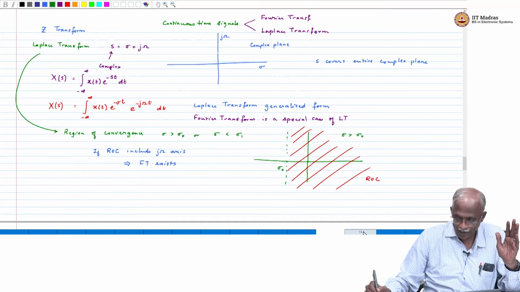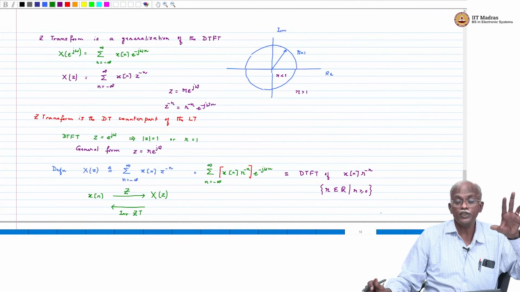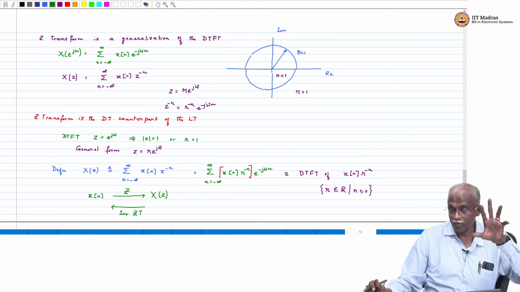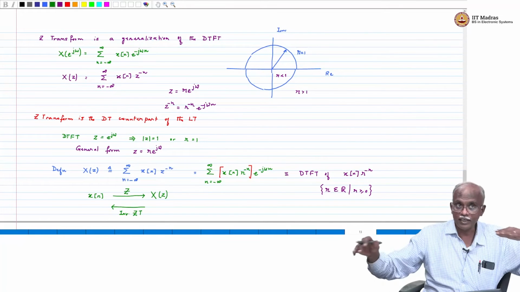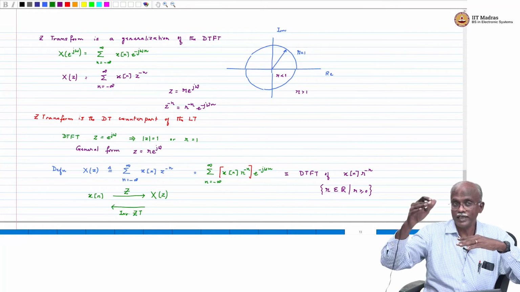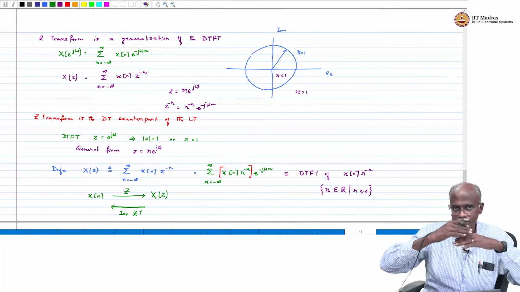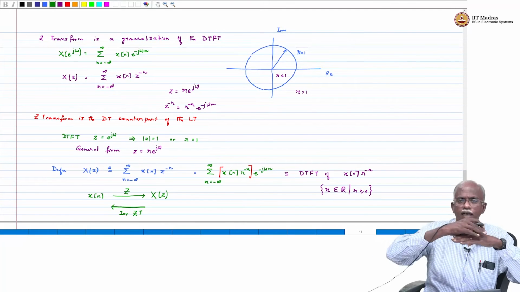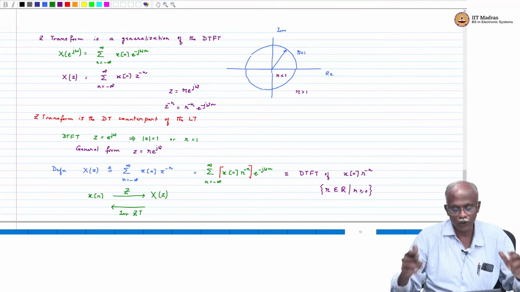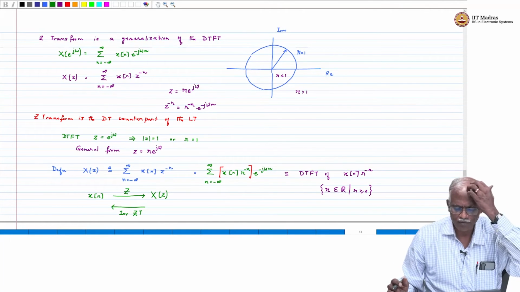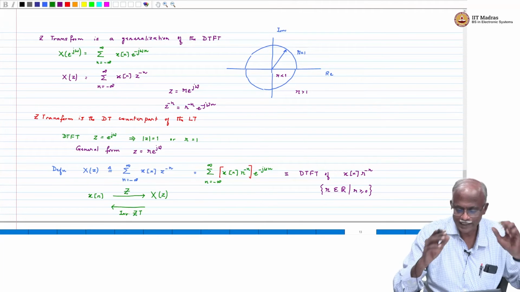In the same manner, we have found a way by which we can cover the entire complex plane, not as real part and imaginary part, but in terms of radius and angle. Radius goes from 0 to infinity, angle goes from minus pi to pi or from 0 to 2 pi, and that is how we have defined the variable for the Z transform.